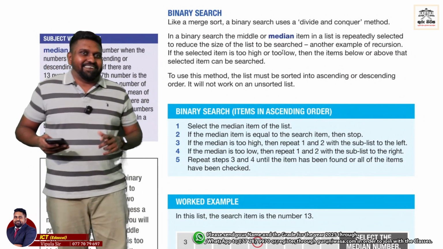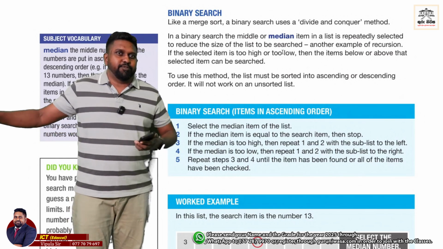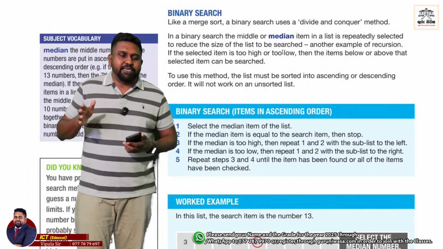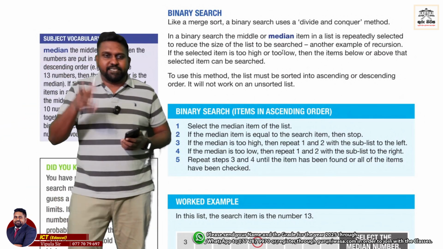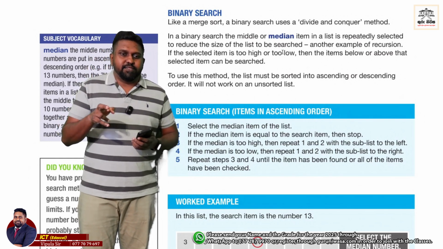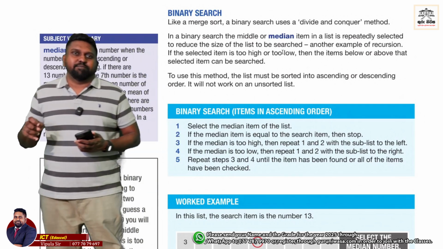But here what it does is, it gets the list, sorts it first, and then you get the median and find out whether what you're searching for is equal to, higher or less than the median point.